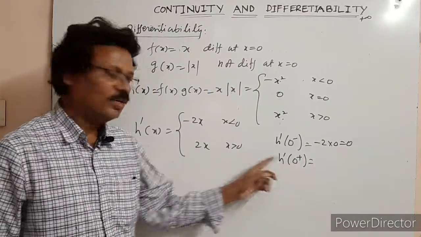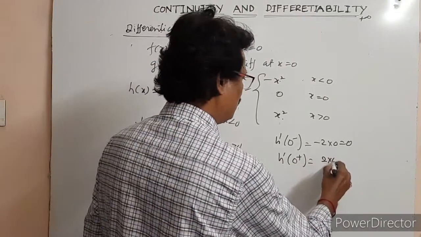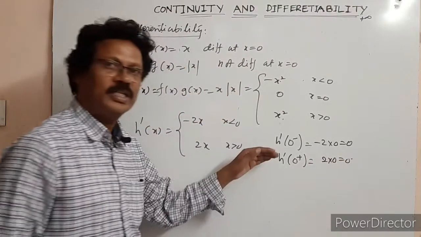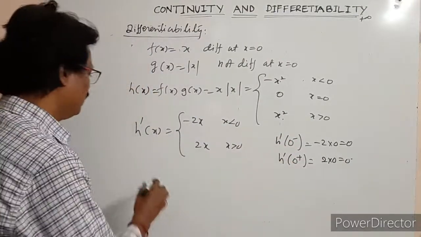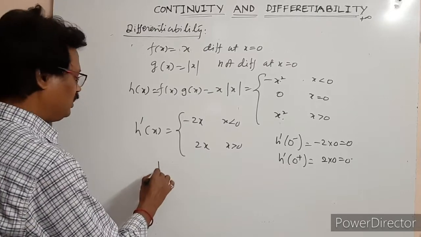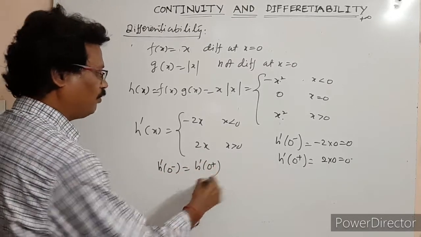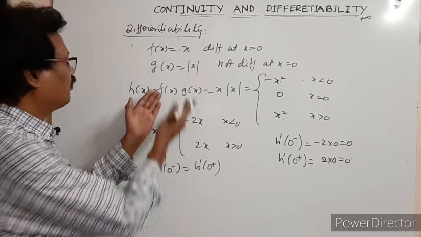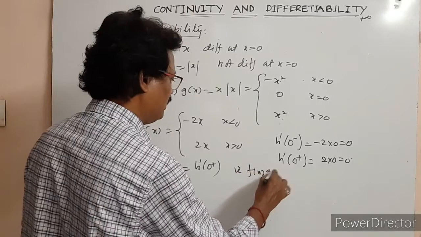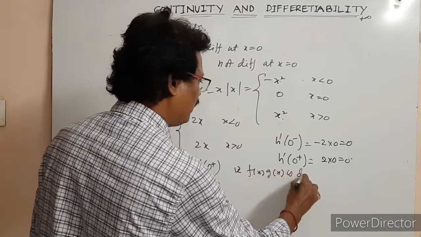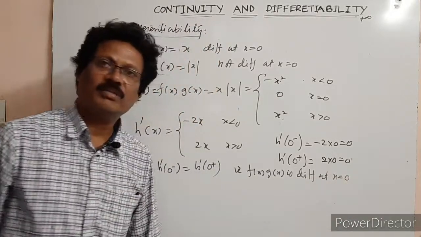Put x equal to 0, that is 2 into 0, which is 0. Therefore left derivative is equal to right derivative, therefore it is differentiable. So h dash 0 minus equals h dash 0 plus, therefore the product f(x) into g(x) is differentiable at x equal to 0.